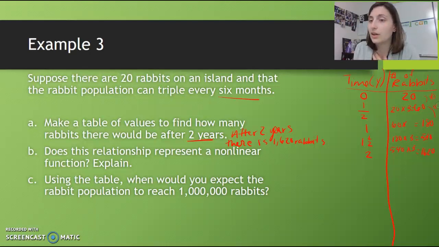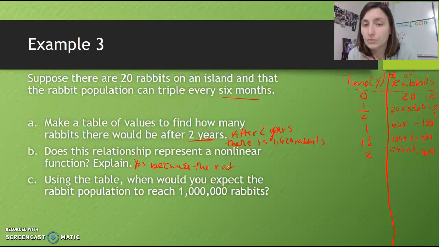And so right then and there, I know that this is not a constant rate of change. And so the answer is yes, and it's because the rate of change is not constant.